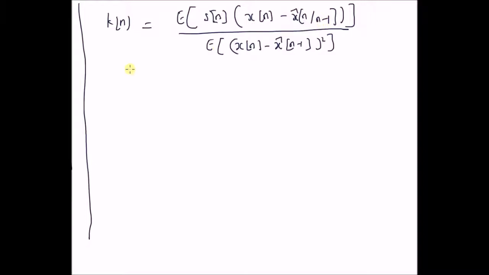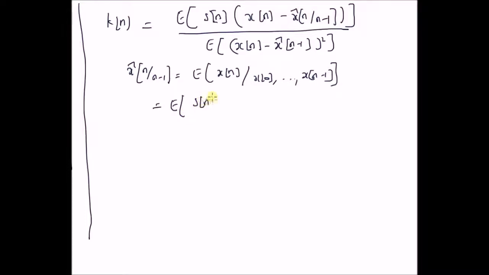Now we need to understand what x hat of n given n minus 1 is, which is clearly equal to the expectation of x of n given the observations from x of 0 to x of n minus 1. And since from the observation model x of n is equal to s of n plus w of n, we have the expectation of s of n plus w of n given x bar of n minus 1.